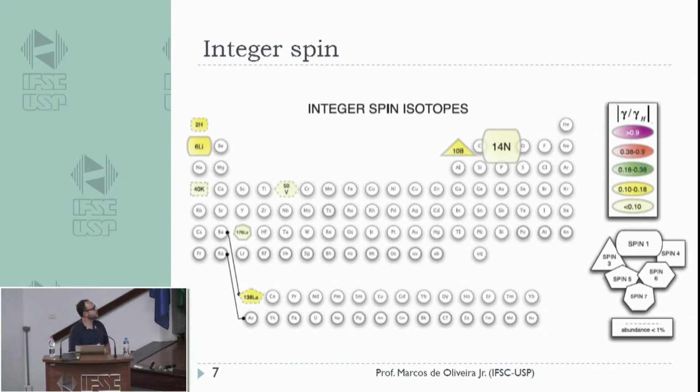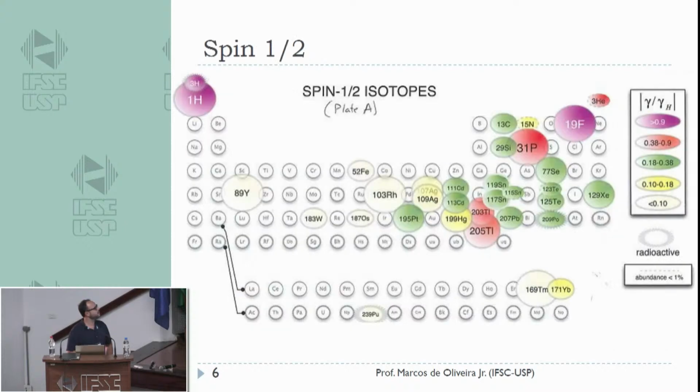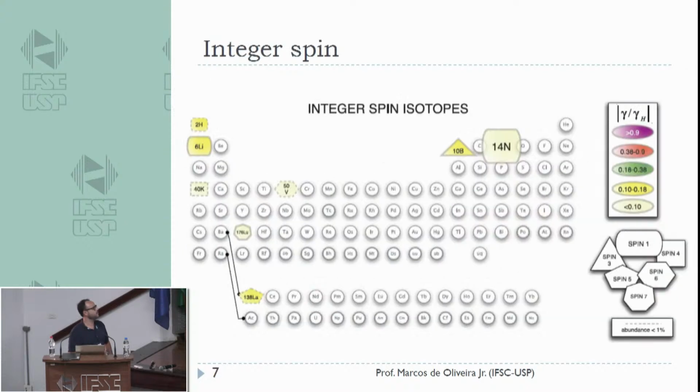So here are the nuclei that have integer spin quantum number, equal to 1. If you look at the colors here also, the strong colors are the species that have high resonance frequency. So if you look only at this parameter, they are good to measure.